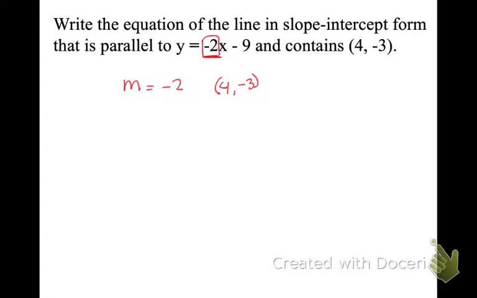So I can do my point-slope, or y equals mx plus b. Let's do y minus y1 equals m times x minus x1, I favor that. I'm doing y minus -3 equals -2 times x minus 4.